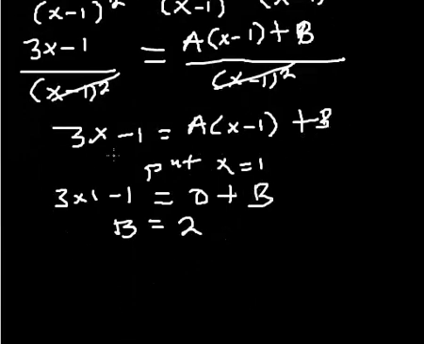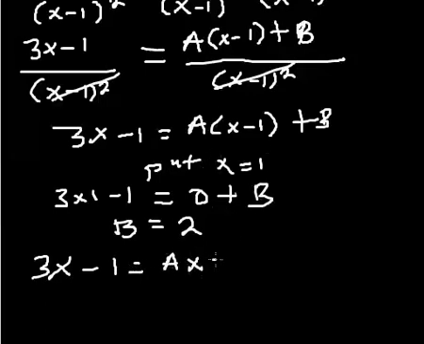To get A, I will do coefficient comparison. What I mean by coefficient comparison: 3x minus 1 is equal to Ax, I open this bracket, minus A plus B. If I'm doing coefficient comparison, the coefficient of x on the right hand side is A, and the coefficient of x here is 3.